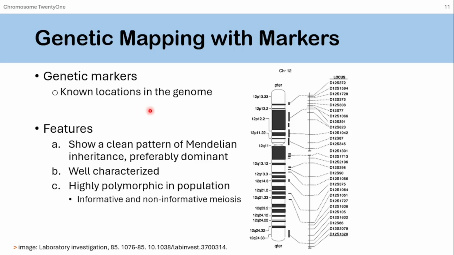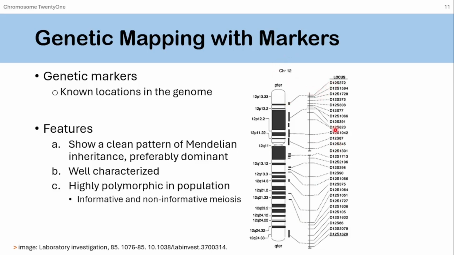Genetic markers are, as I said, known locations on the genome, and by far there are several types, several families of genetic markers. These are a very few examples of genetic markers that were characterized in chromosome 12. So these are the markers that we know are present in chromosome 12, and relative to these we can find our gene of interest's location on chromosome 12.